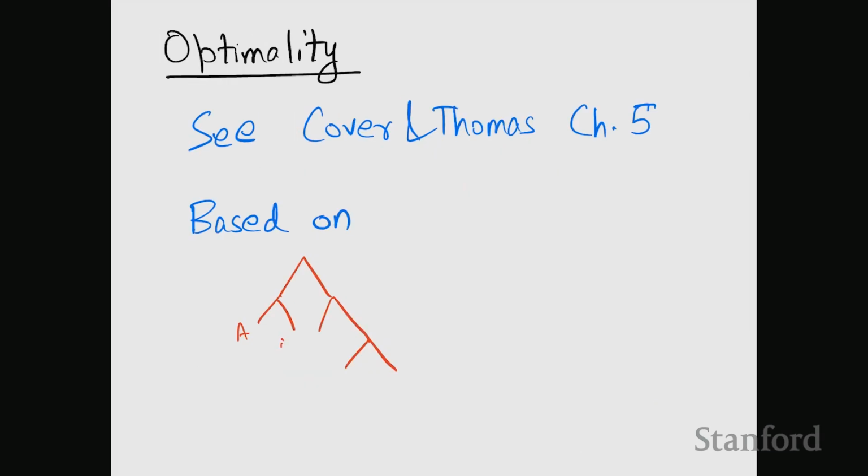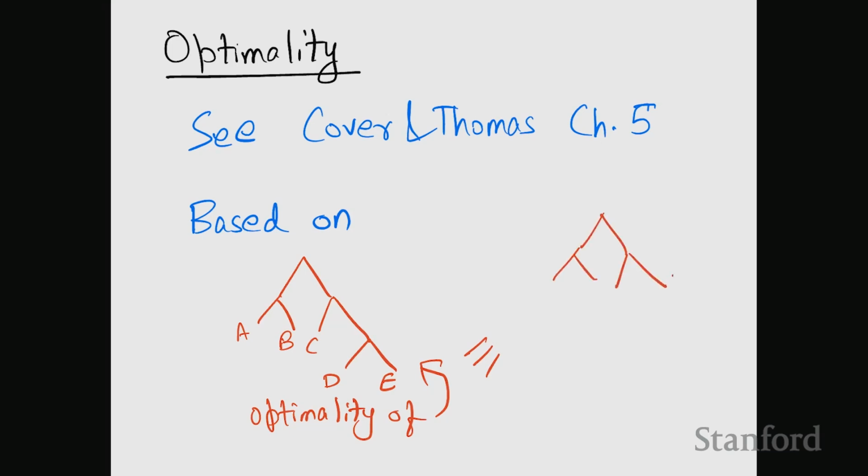It's an inductive argument that optimality of this guy is equivalent to... so it's like a step-by-step proof where you say that if my final code is optimal, that's if and only if the code at my second step is optimal, which is optimal if and only if my code at the third step is optimal.